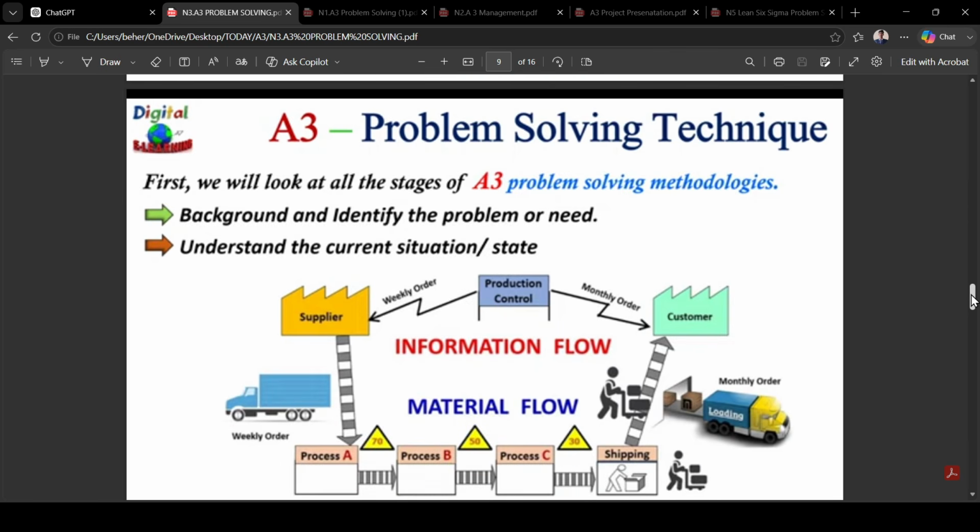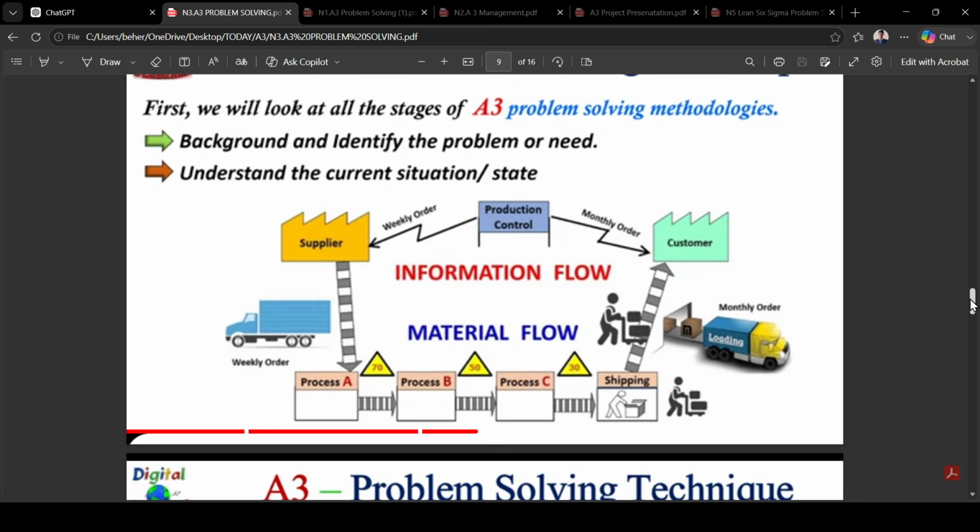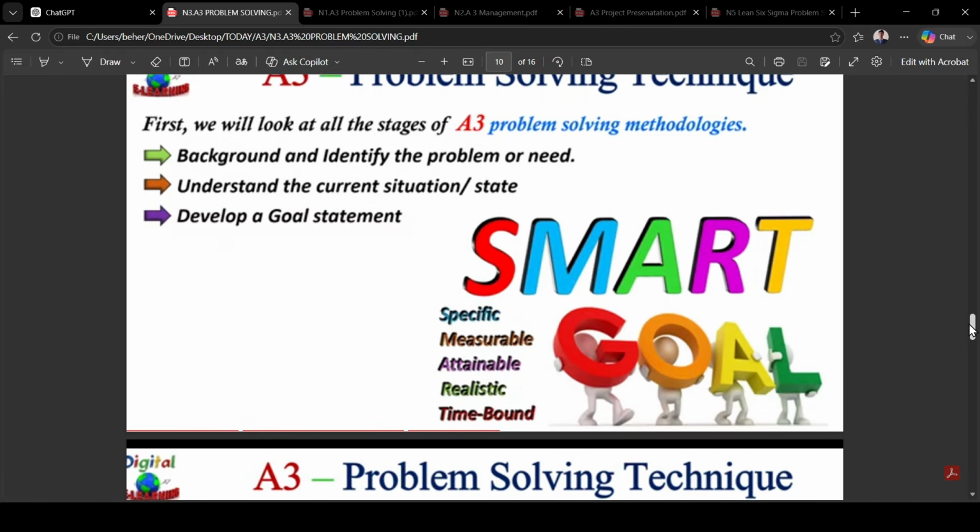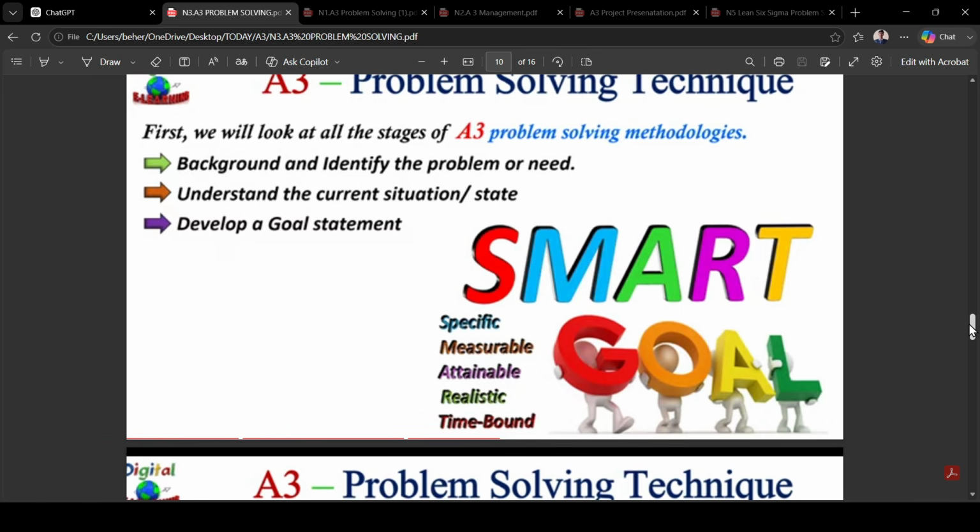First we will look at all the stages of the A3 problem-solving methodology: background and identifying the problems, understanding the current situation or state, with an image of material flow and information flow, and developing a goal statement.